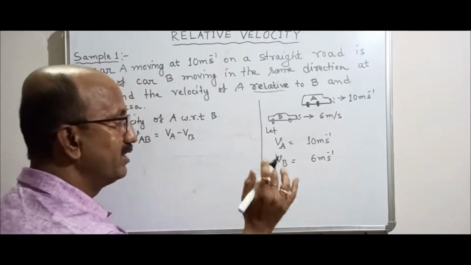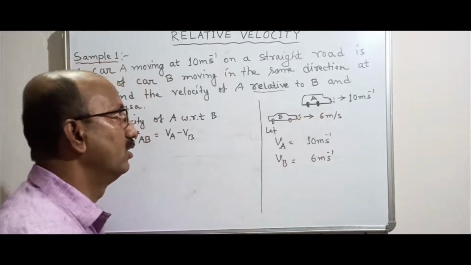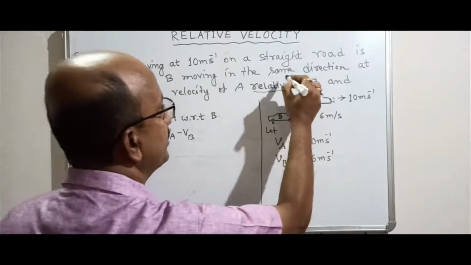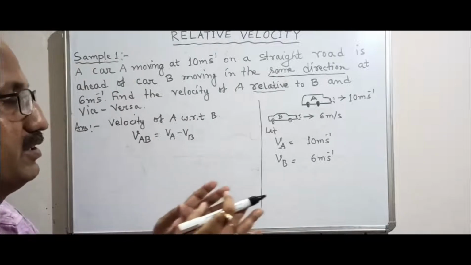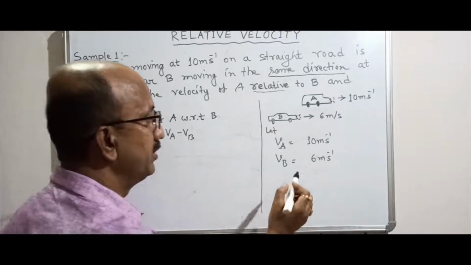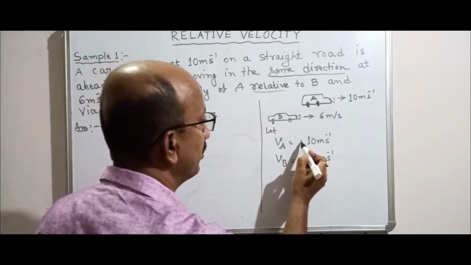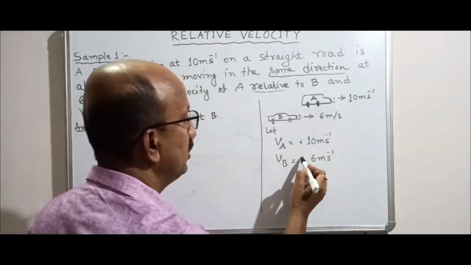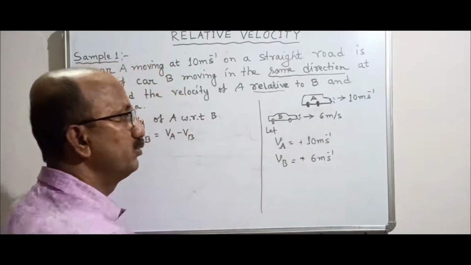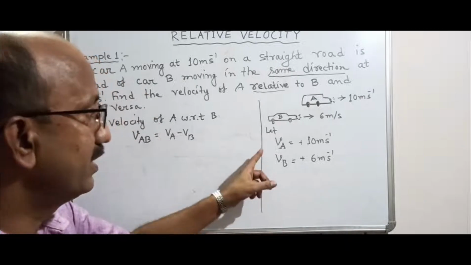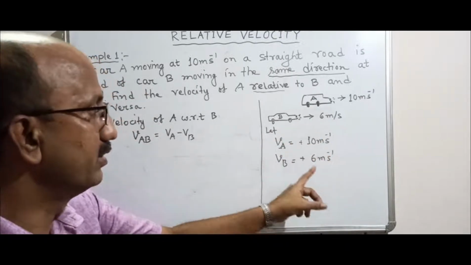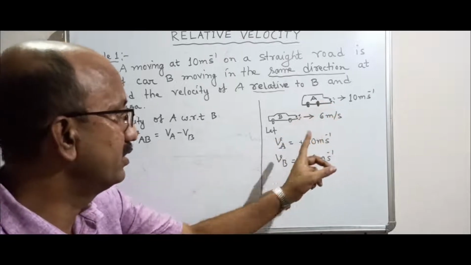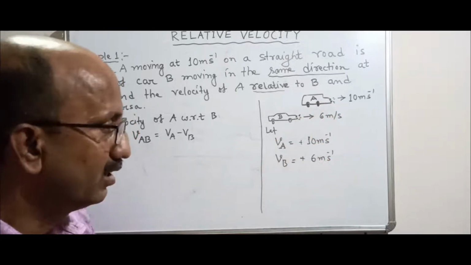Now you will notice that both the cars are moving in the same direction. It is given in the question, same direction. So when the direction is same, means both are positive. So we have assumed that both the cars are moving towards right. So in this case we have taken right side as positive. So we have taken this velocity of A as positive, even the velocity of B as positive.